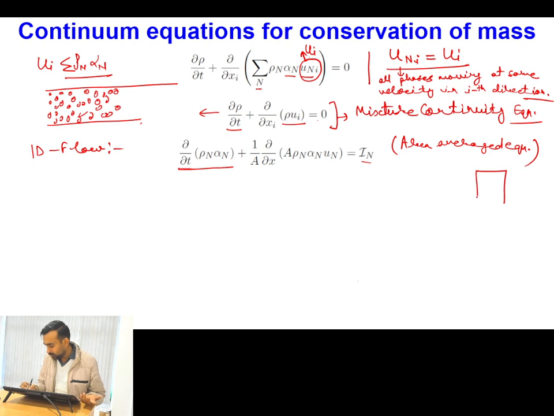If this is the control volume, where will involvement of area come? Involvement of area will only come when the properties are moving across the boundaries, because only the cross section is coming within the control volume. The cross-sectional boundary will not play any role. So that's why the first term of the continuity equation will remain as it is when I am talking about the area averaged equation.